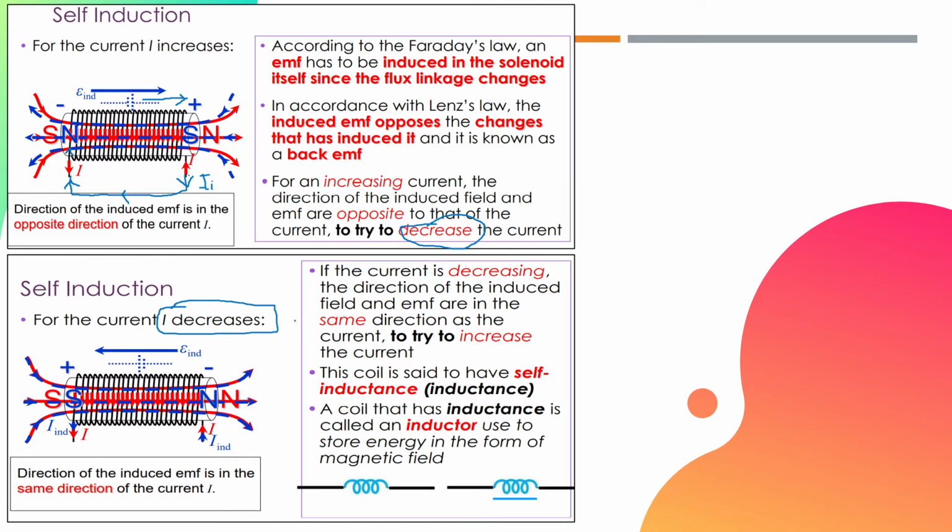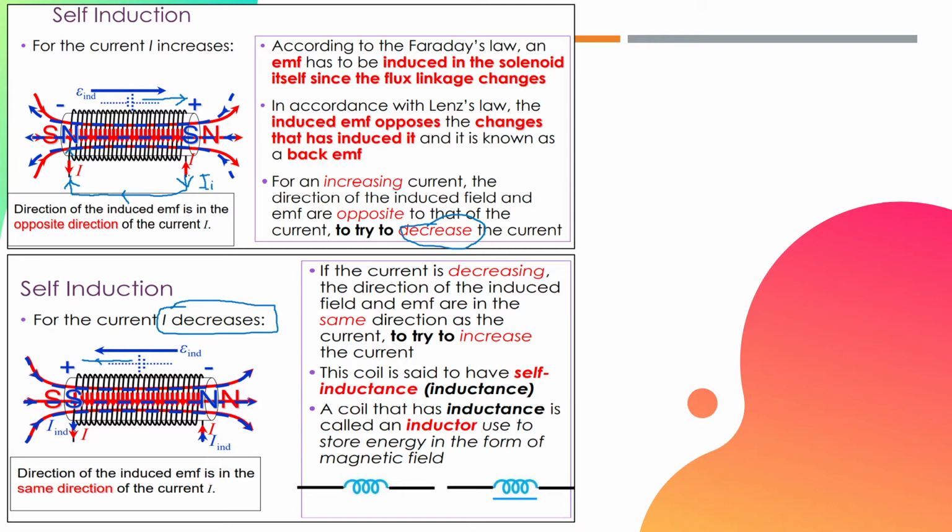Why in the same direction? Because it tries to increase the current, because they try to oppose the change of the current. The current decreased, right? So now the direction of the induced EMF is in this direction, meaning the direction of the induced current should be in the same direction as the original current.